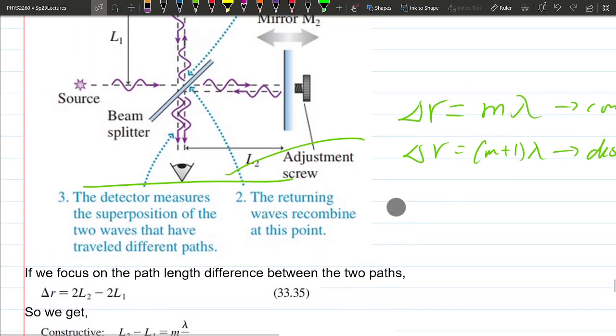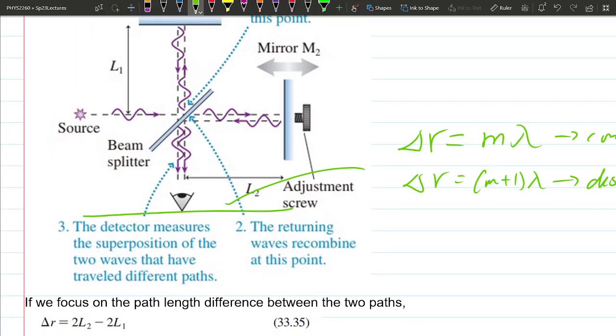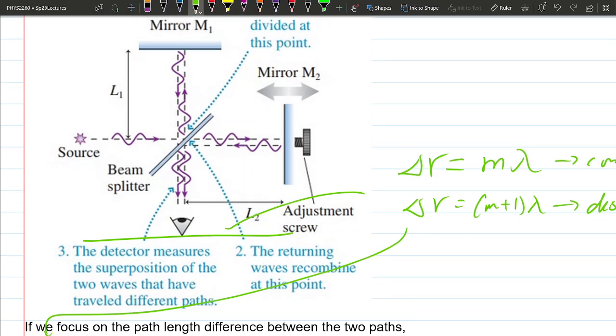So if we want to calculate this delta R here, for path number 1, let's say we define the distance from the beam splitter to mirror number 1 as L1. On this path, it's going to travel up and then back down, so it's actually 2 times L1 that the light travels.